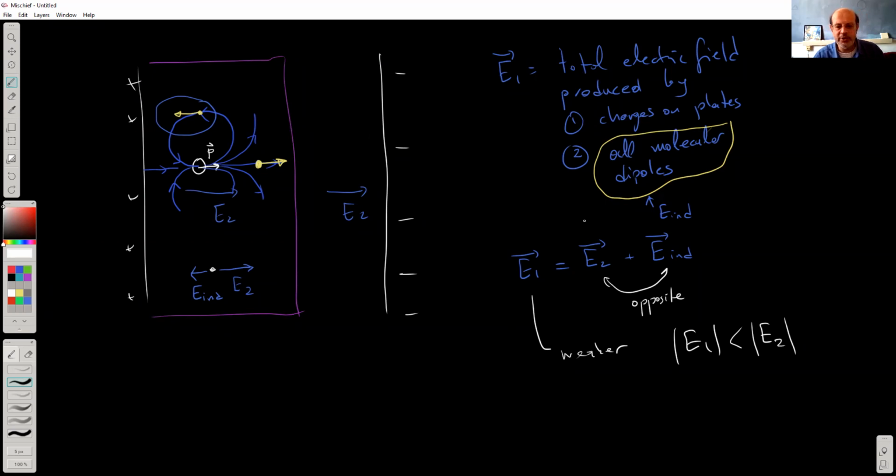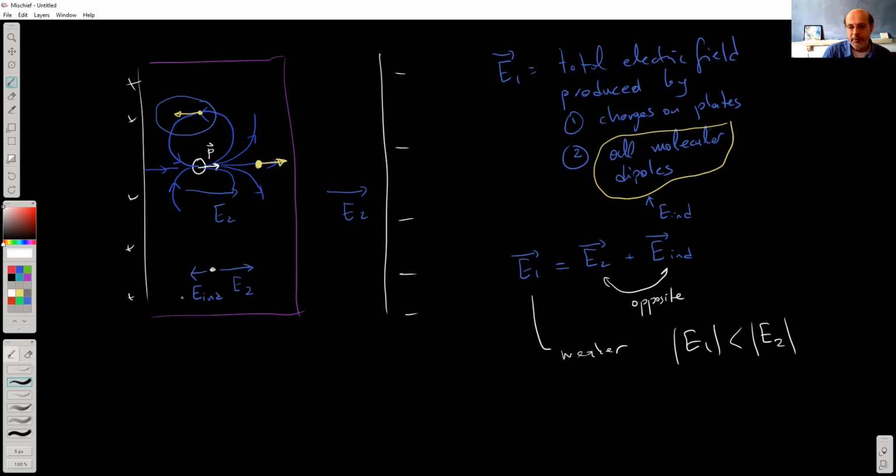I don't know if you are going to do this in any course, but this kind of treatment is carried out in certain textbooks. Probably not in your textbooks, but this is basically what should be done. And when you do this properly, you're going to see that this induced electric field is in the opposite direction.